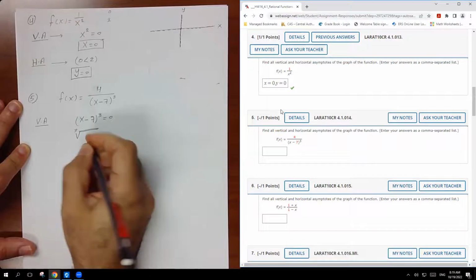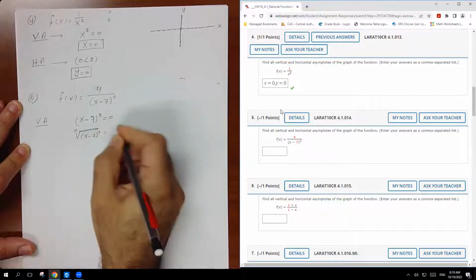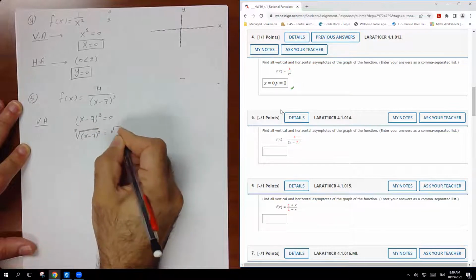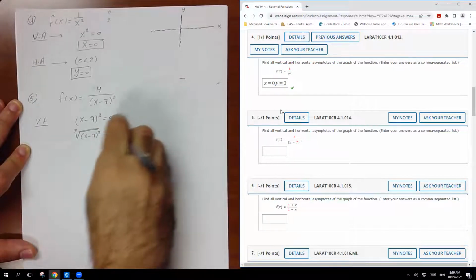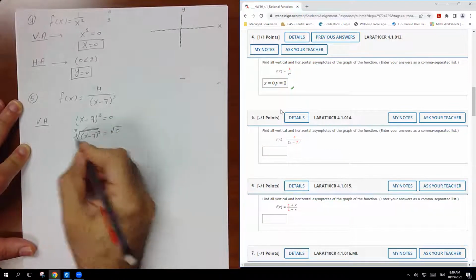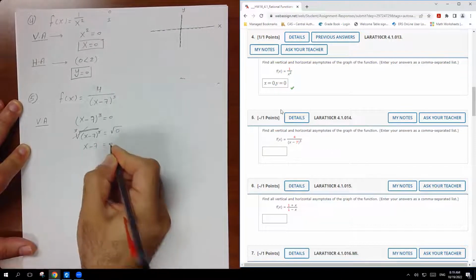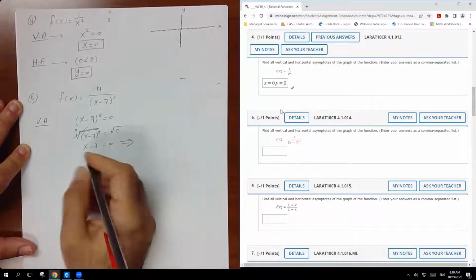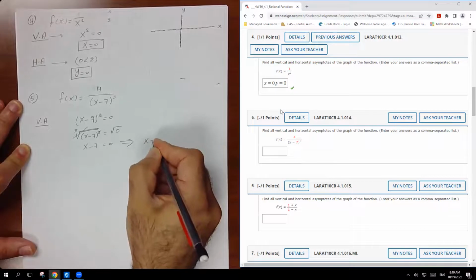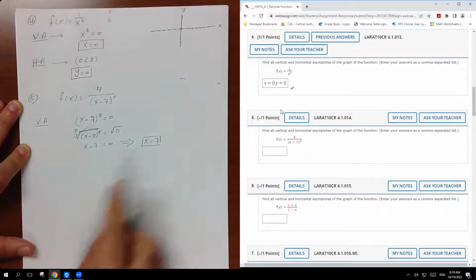The cube root of x minus 7 cubed and the cube root of 0. Then they cancel here. That means x minus 7 is equal to 0. In this case, we solve: x is equal to 7. So this is the vertical asymptote.